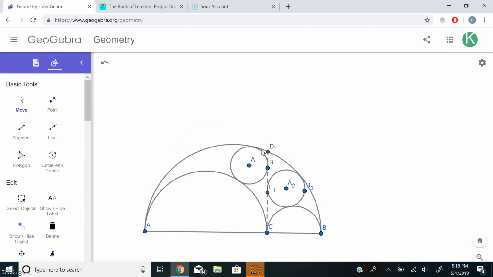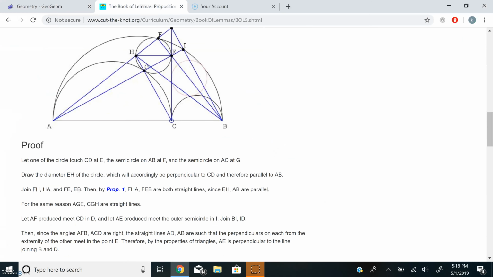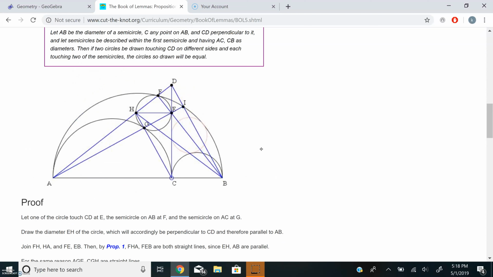And the proof for this states they constructed the line CD to extend from the outer semicircle.